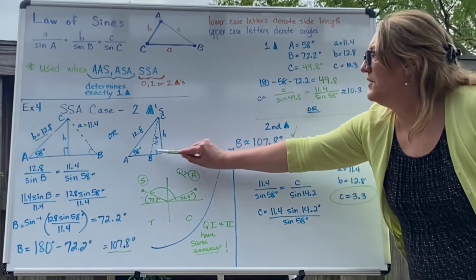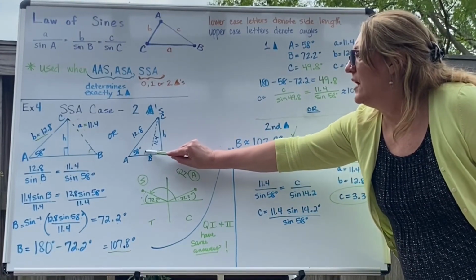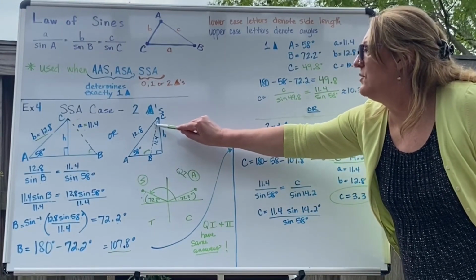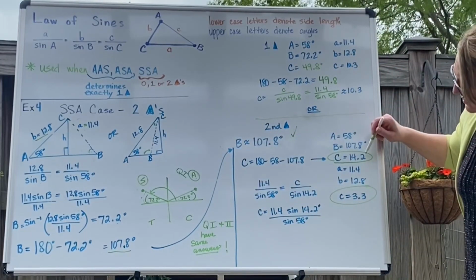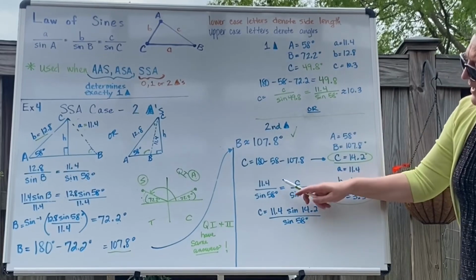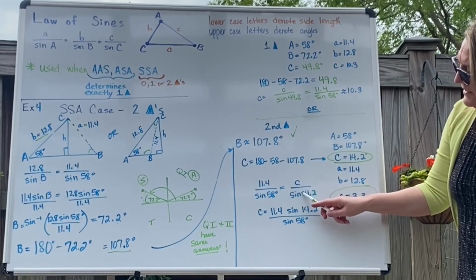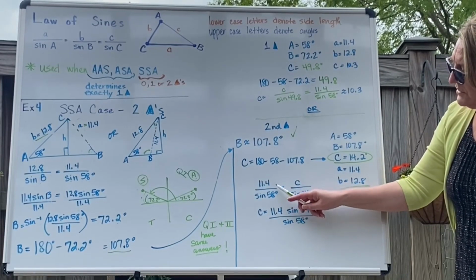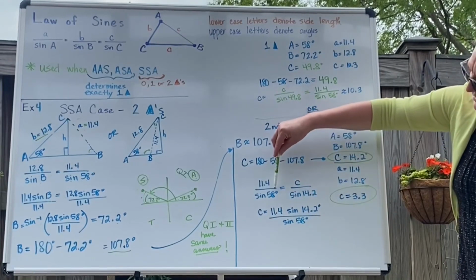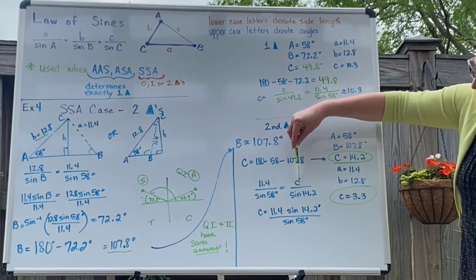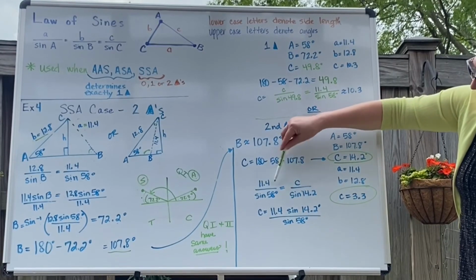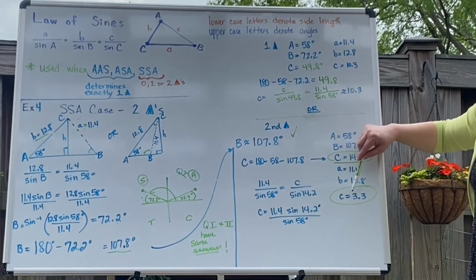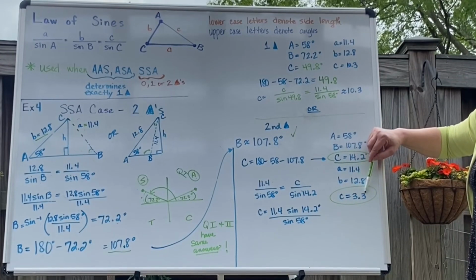I'm looking at this picture where B is obtuse and C would be right there, a tiny, little bitty angle. When I set up the last side C, I set up my proportions, 11.4 over the sine of 58 degrees equals C over the sine of 14.2. I cross multiply, I get little c to be 3.3.